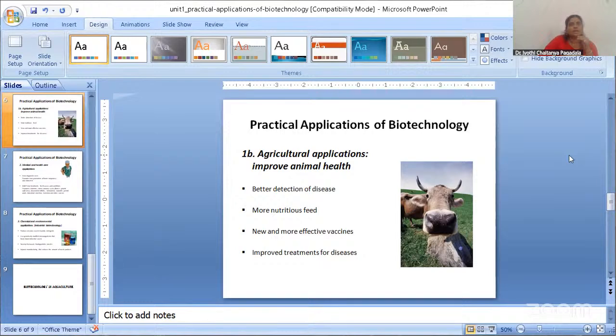Oryza rufipogon is a source of tungro resistance to a number of rice varieties.